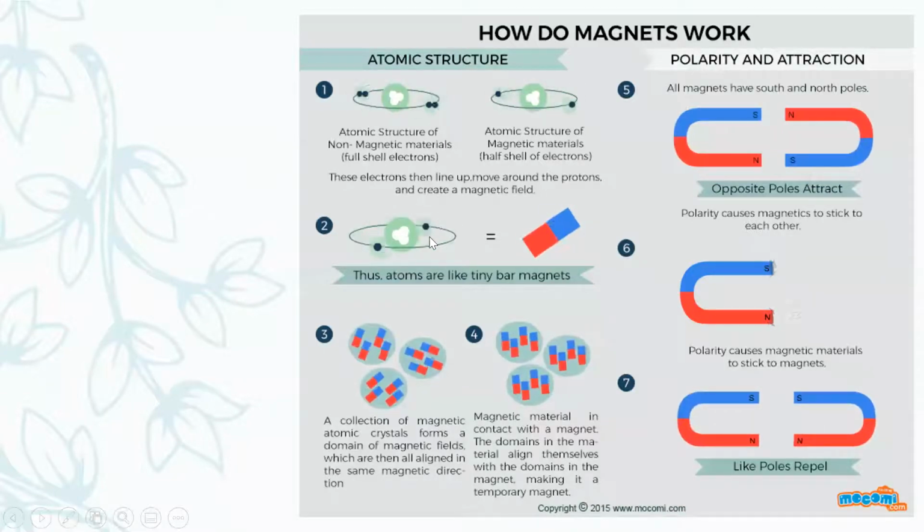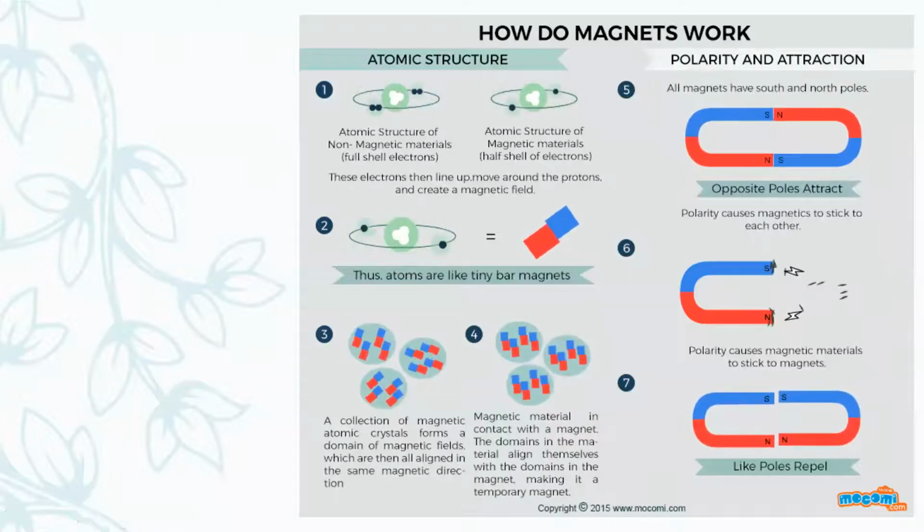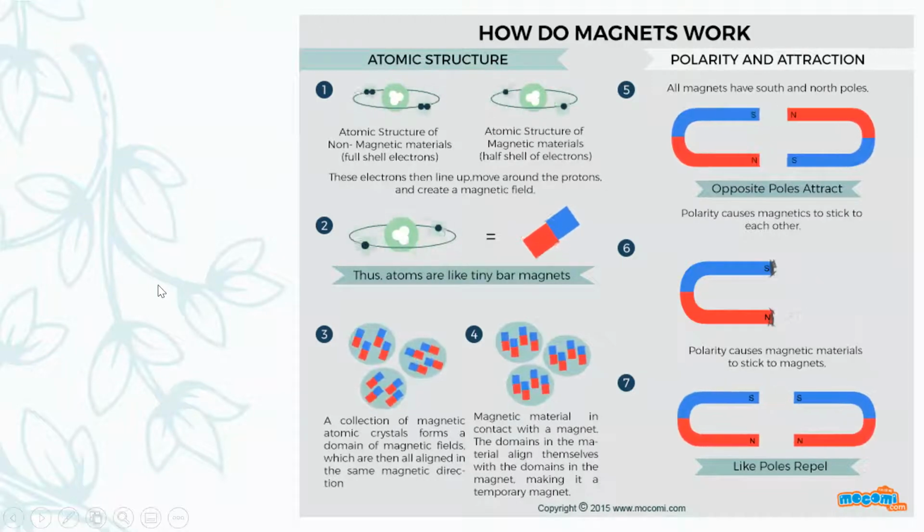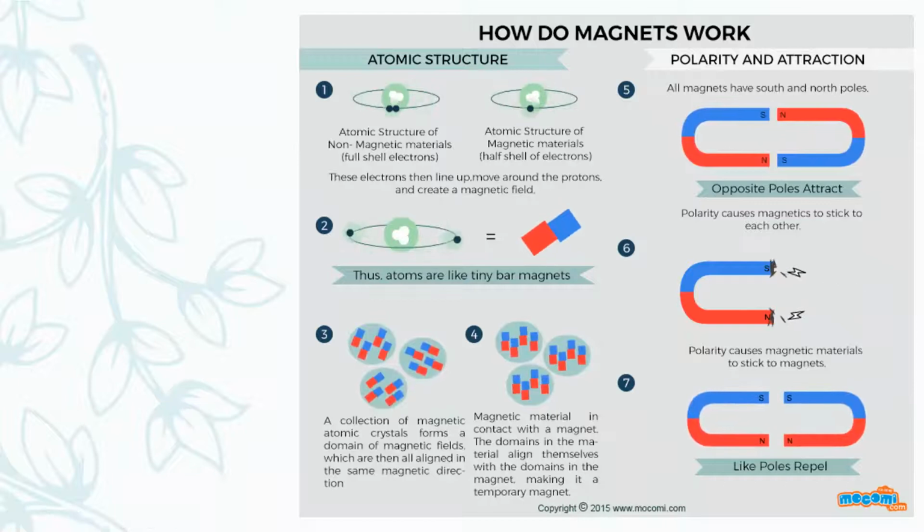You can see here, this is the structure of a magnetic material, and it will experience a magnetic effect like this. So in this case, the half-shell magnetic material or magnetic objects behave like a magnet.